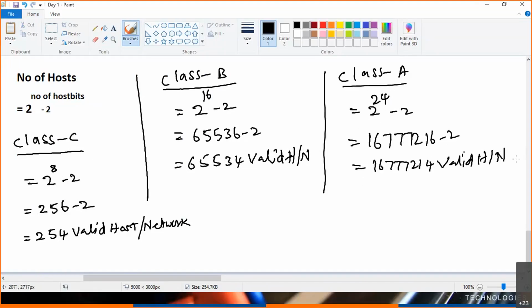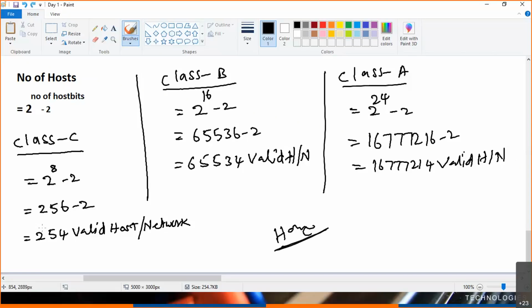So now we know all the classes: the number of networks, network bits and host bits in each. If the requirement is a home network, how many devices will there be? Maybe 5 or 10 devices, hardly more. Then you can use Class C, because it supports up to 254.